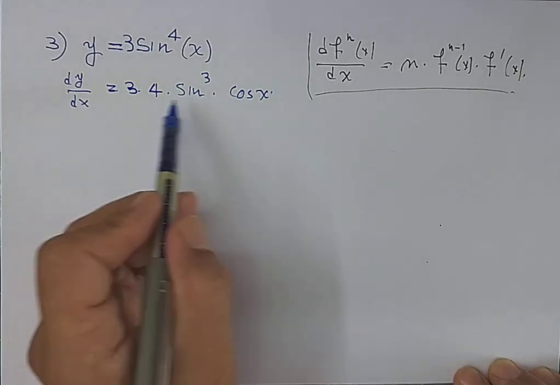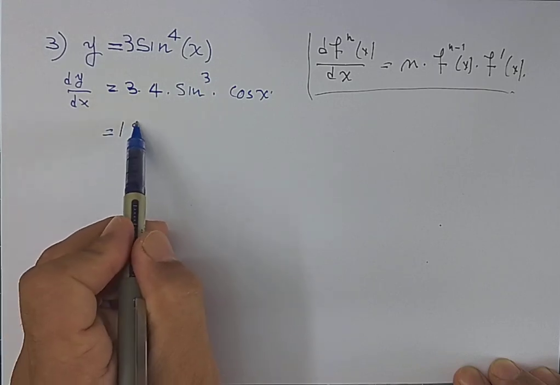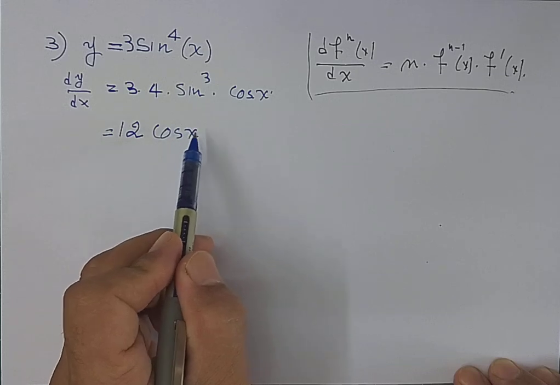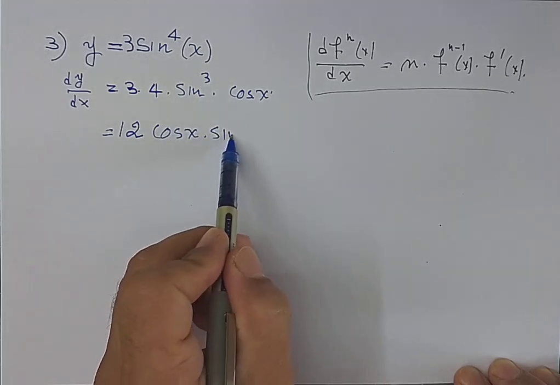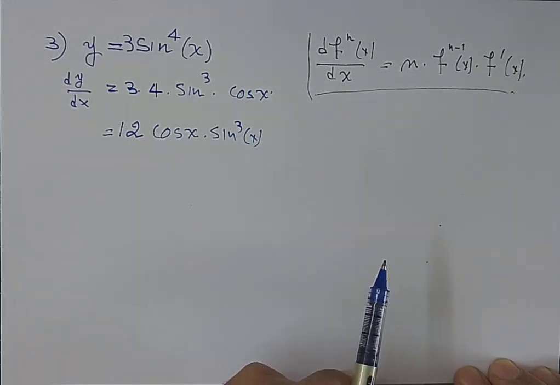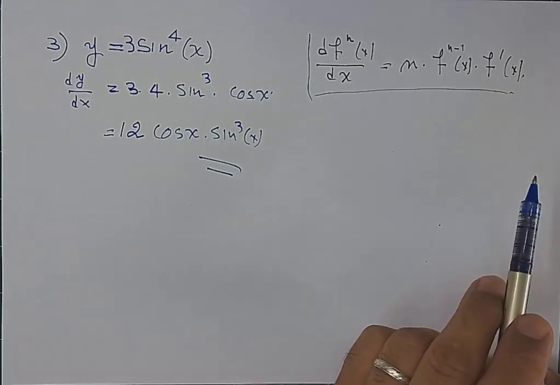Let's combine together: 3 times 4 is 12, cosine x times sine cube of x. I applied this formula.